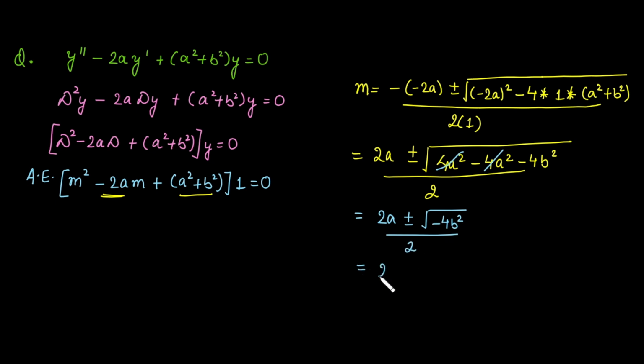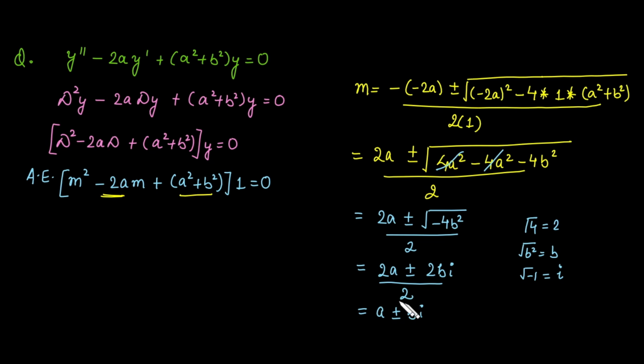So this is equal to 2a plus minus. Root of 4 is 2. Root of b square is b. Root of minus 1 is iota. When you club this, we have 2b into iota divided by 2. Simplify this, we have a plus minus b iota.